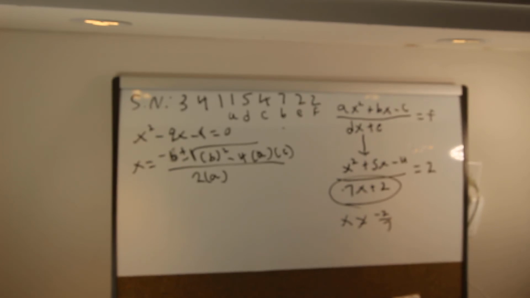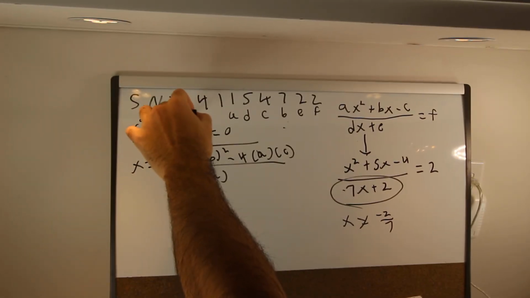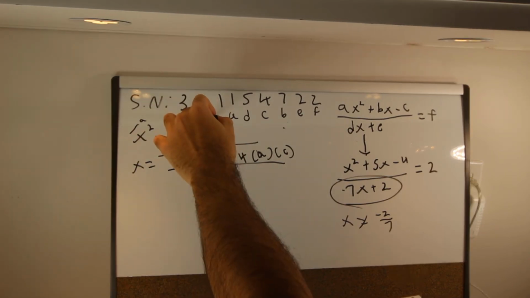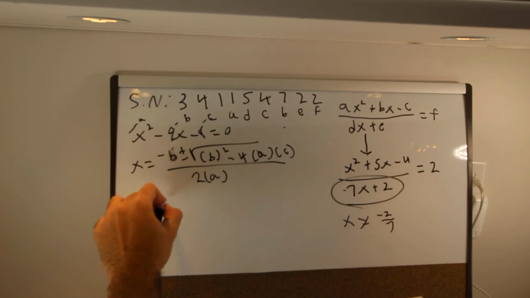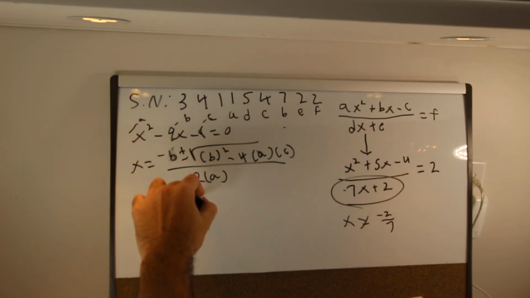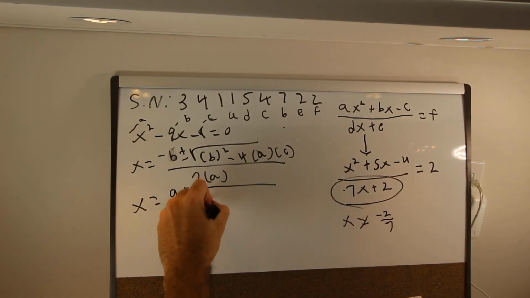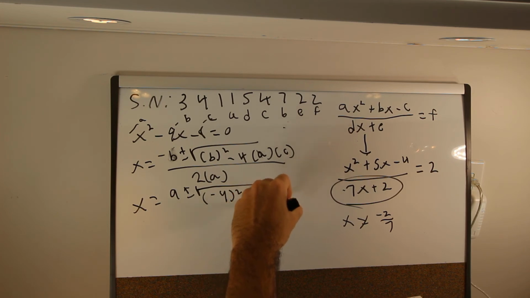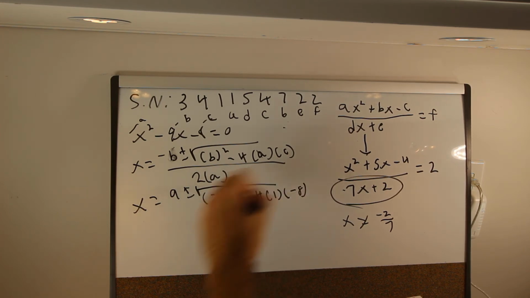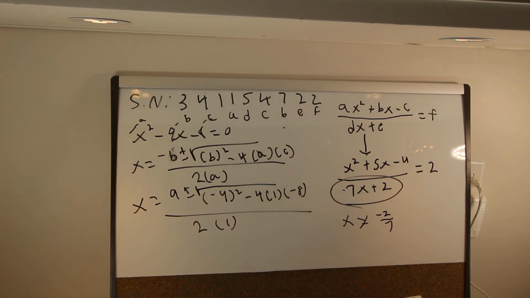So now we have to sub in. This is our a, this is our b, and this is our c. What we get is x is equivalent to 9 plus or minus the square root of negative 9 squared minus 4, 1, negative 8, all of that over 2, 1.